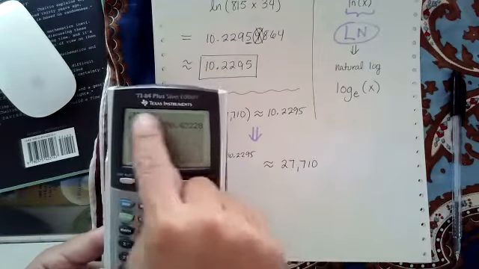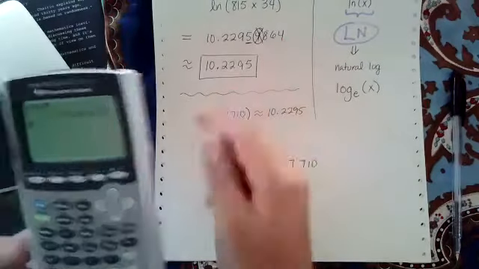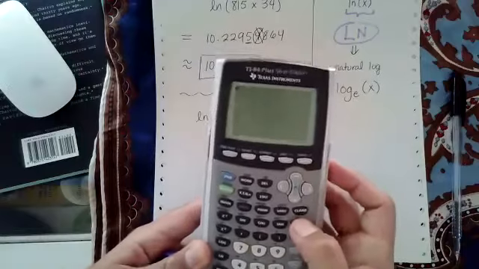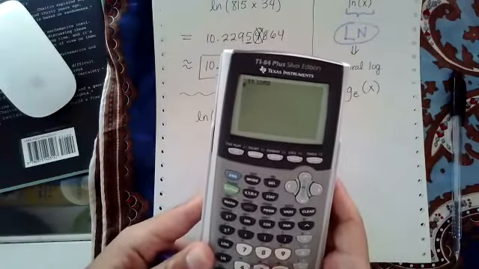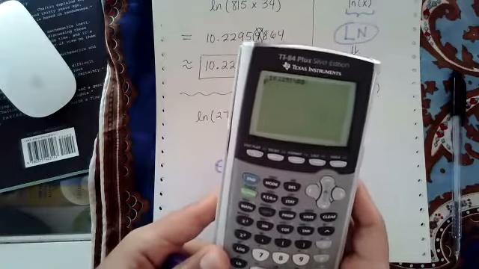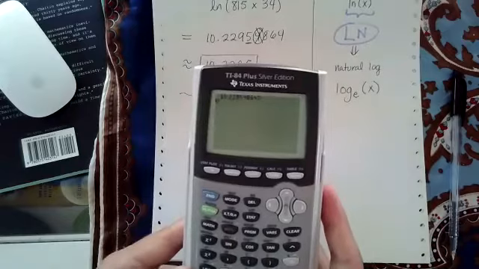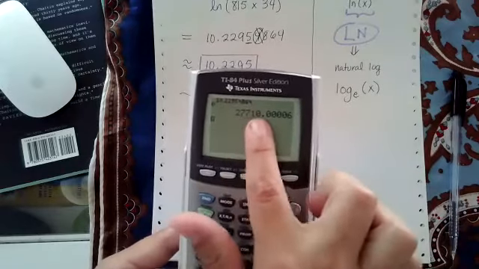If I included all of the decimal places that we got, we should get even closer. So e raised to the 10.22954864, which was that whole output that we got, is a lot closer to 27,710.